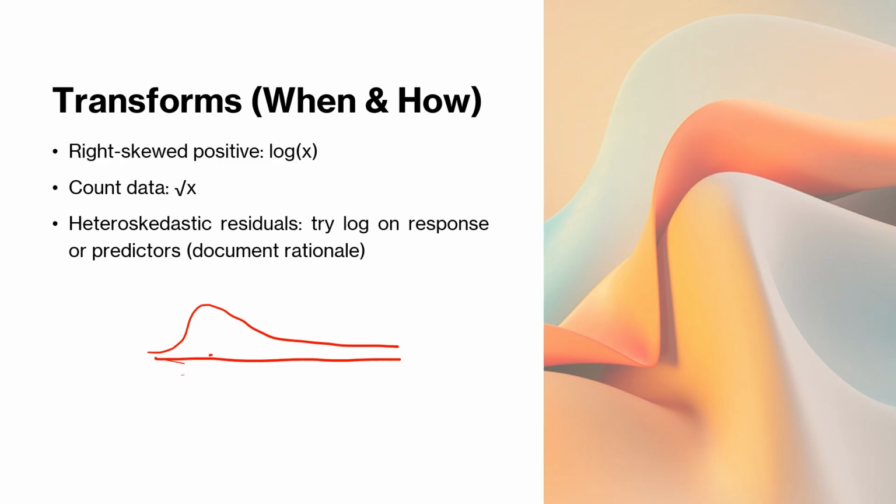And when you have heteroscedastic residuals, especially when you apply OLS, if your data does not abide by the OLS assumption of homoscedasticity, then you may apply a log transformation as well on your response or your predictors. That is also a possibility.